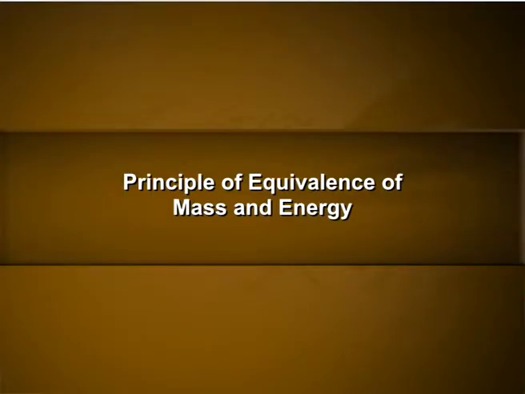Principle of equivalence of mass and energy. The relativistic equation for the kinetic energy of a body is Ek = mc² − m₀c², from equation 5. ΔEk = Δmc². This equation means that there is an increase in kinetic energy of a body when its mass changes by Δm.